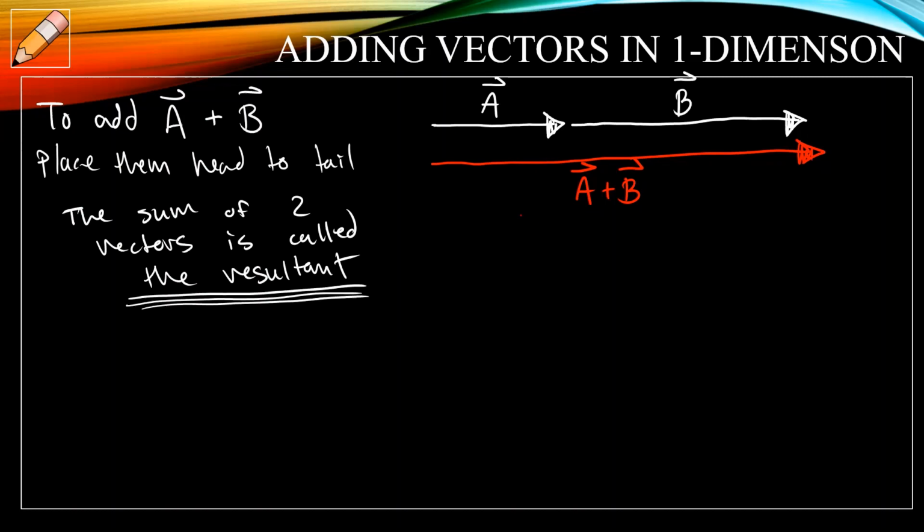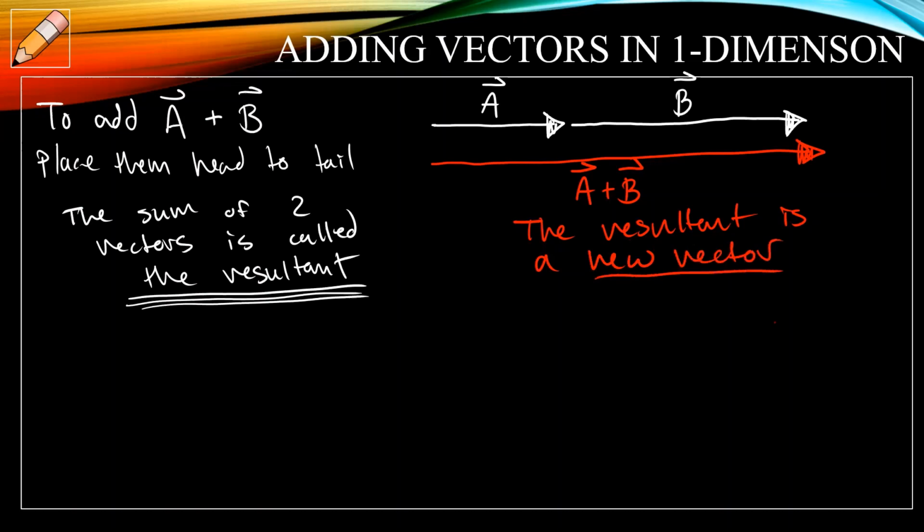And that's one of the important things to know: just like when you add two numbers, you get another number, when you add two vectors, you get another vector. So this new vector, the resultant, is called A plus B, and it's a new vector. And we draw it just like we would draw any other vector.